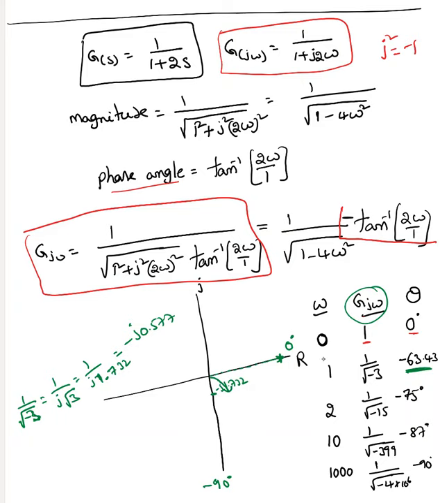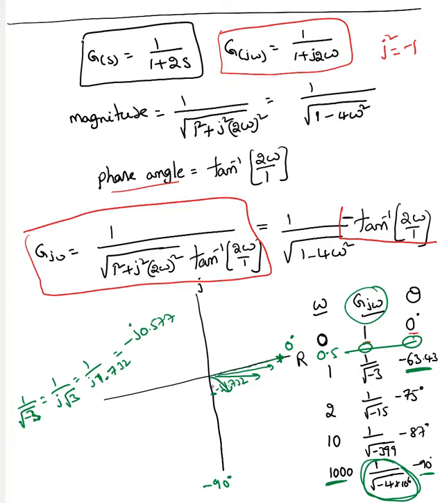Okay, now if I put say 0.5 here, you have magnitude and phase angle, it's going to be somewhere there. Okay, even if I put 0.25, it's going to be somewhere here. Okay, now if I put a very large number, magnitude is going to be 1 over very large number, so it's going to be very small, and phase angle becomes minus 90 degrees.